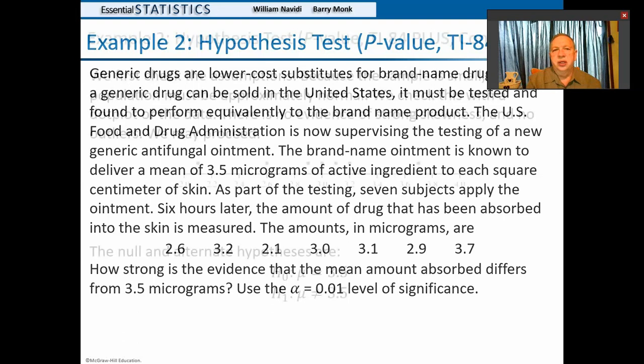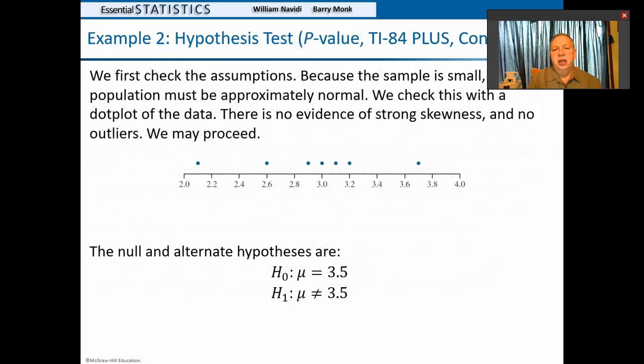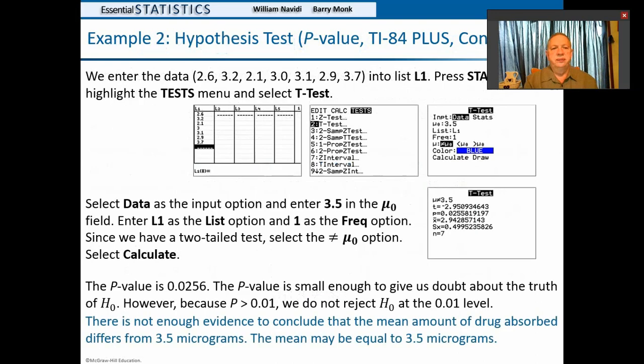Here's the generic drug. We went through there. This was mu equal to 3.5 versus mu not equal to 3.5. We didn't know if it was significantly more or less. We would do the very same thing, the t-test, but note in this version, when we entered everything, 3.5 was mu 0. That was what we're testing against.